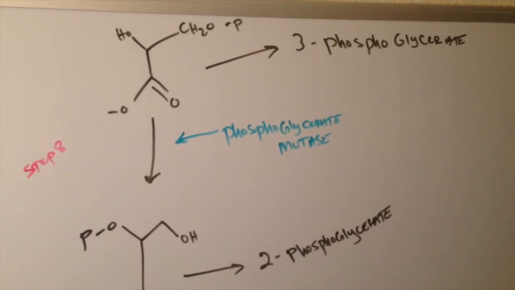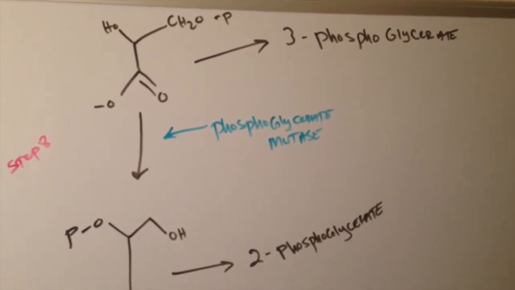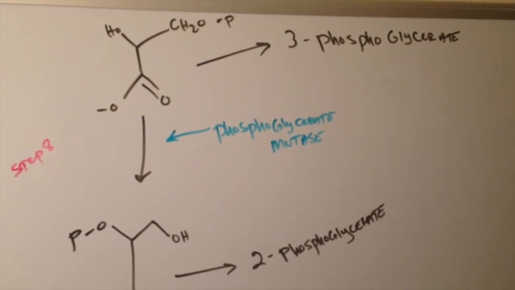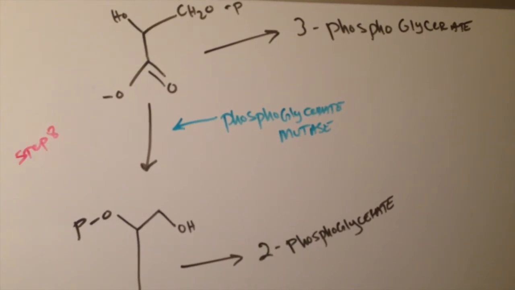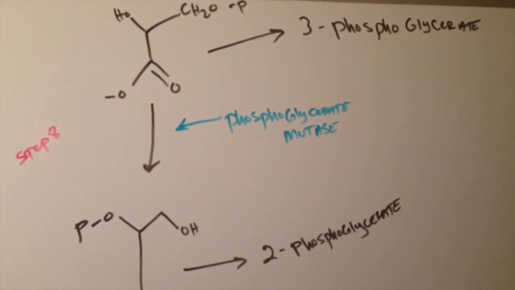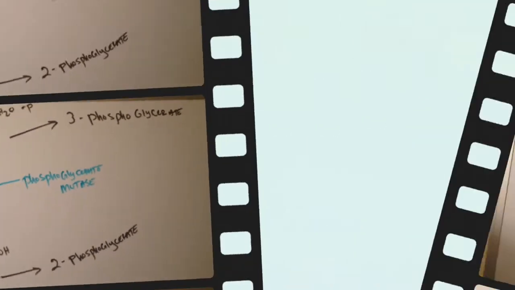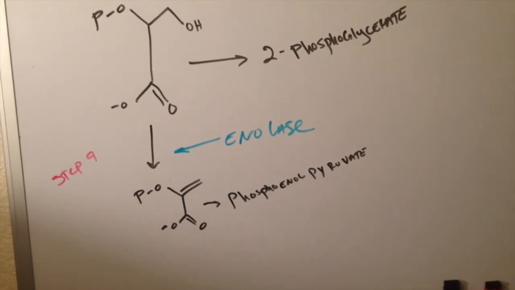Starting on step 8, we introduce phosphoglycerate mutase, which will create the molecule 2-phosphoglycerate from 3-phosphoglycerate.